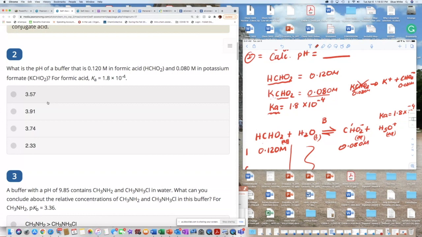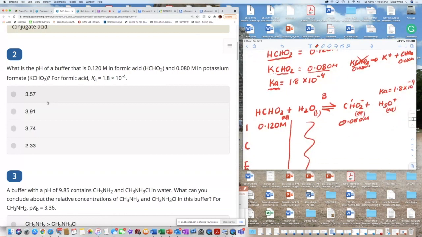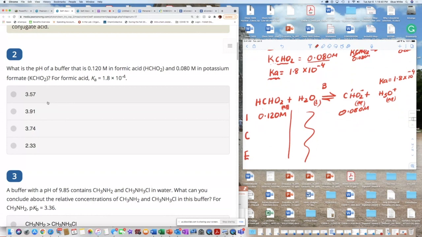So I write this number right here, 0.080 molar. If I look at an ice table, I can judge if it is a buffer ice table or just a regular weak acid ice table. How can I judge? Buffer ice tables have 2 starting concentrations. Weak acid ice tables have 1 concentration.